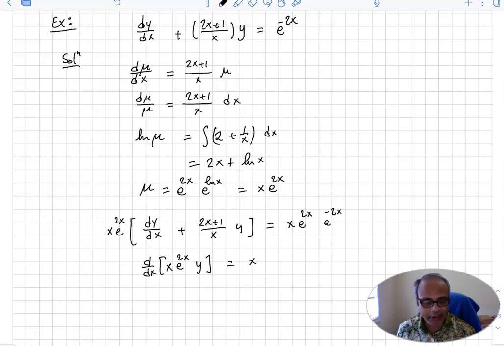And now on the right hand side, e to the power x and e to the power minus x get cancelled, and that would perhaps be little work to verify, but in most cases it is obvious.